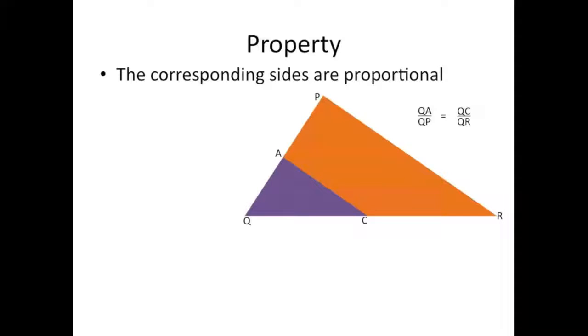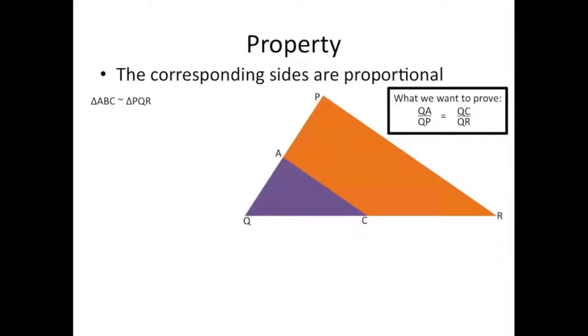But for the proof, as long as we show that two sets of corresponding sides are proportional, then automatically we can assume that AC and PR are, by similar argument, also proportional. So this is what we want to prove.